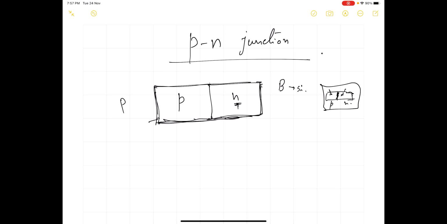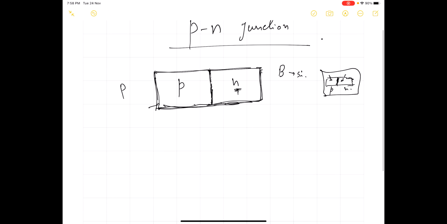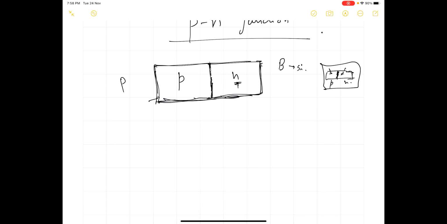If we make such a device where we put p-type extrinsic semiconductor and n-type extrinsic semiconductor, then what is going to happen at the junction? Okay, so the band diagram of this p-type and n-type will be like this.